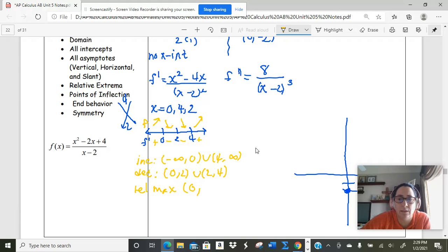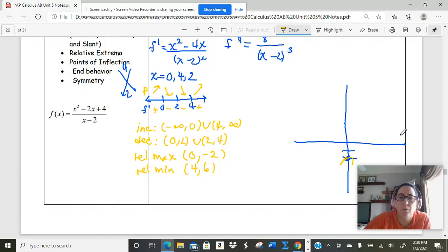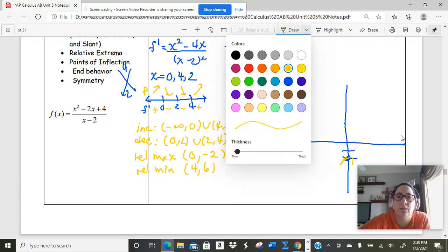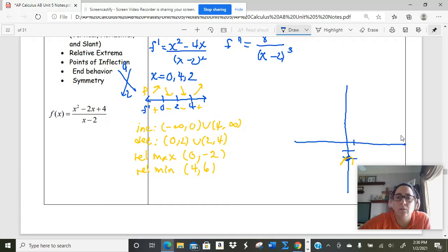Well, look at that. This is actually a relative max. We've already plugged that guy in. And then I have a relative min. Go plug 4 back in and see if you get 6. Oh, I know another point over here is at (4, 6), and I know that's a relative min.